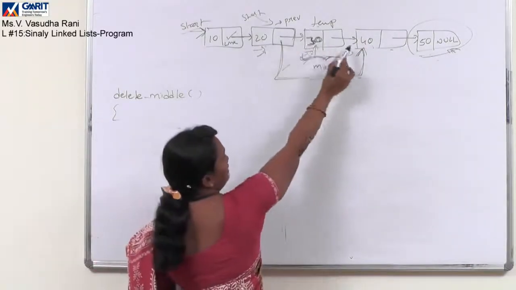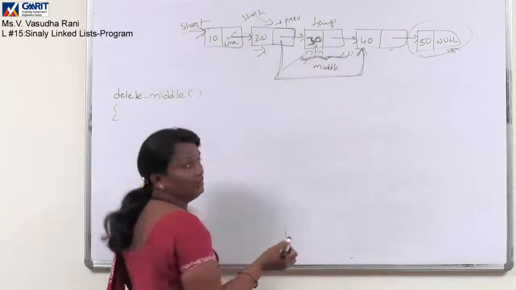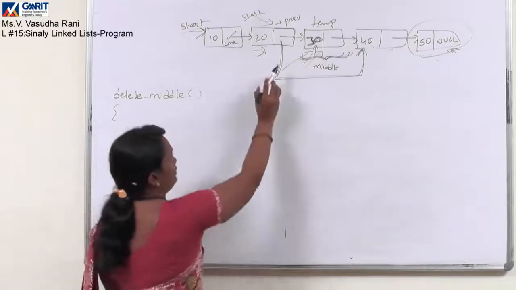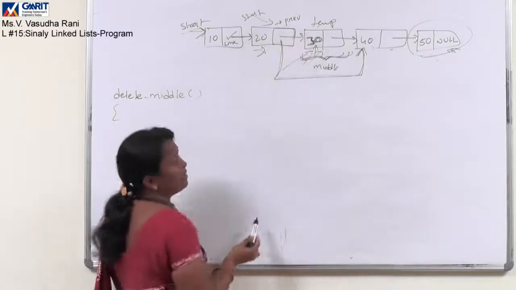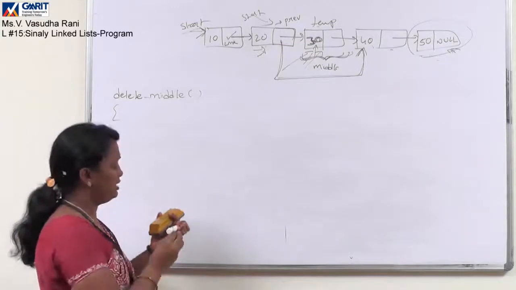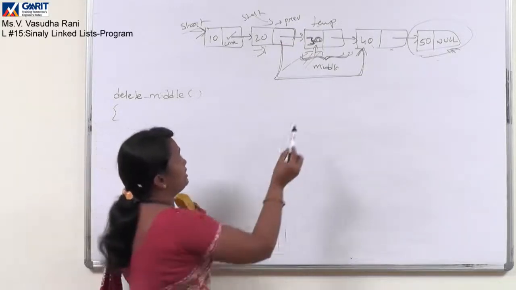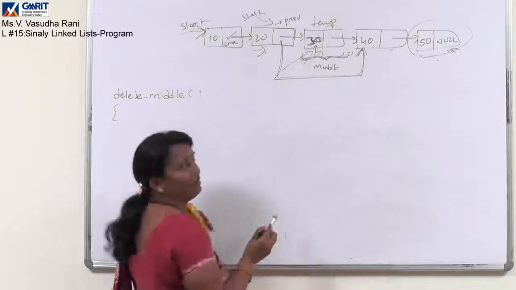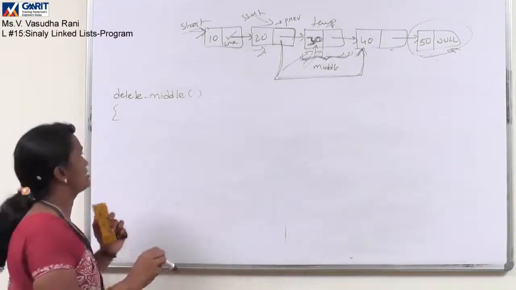With that single statement, we can delete this particular temp node. But in order to identify this node as your previous node and that node to be deleted as temp node, you have to traverse your list.